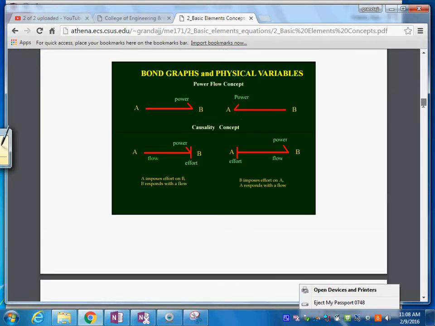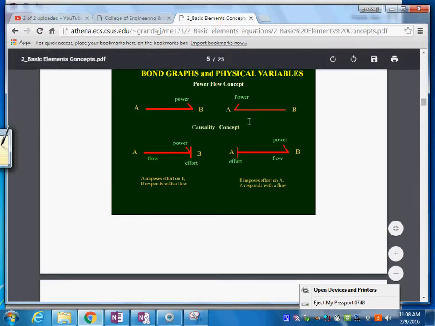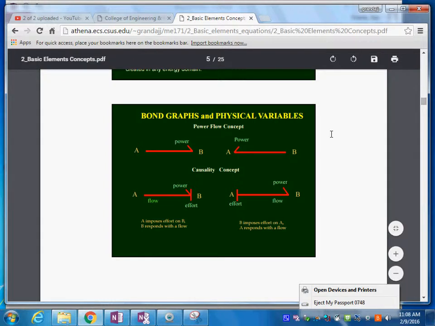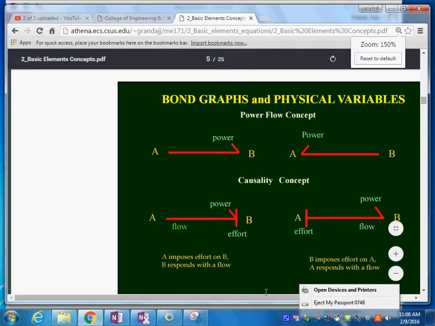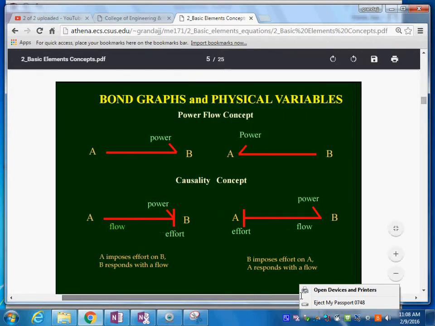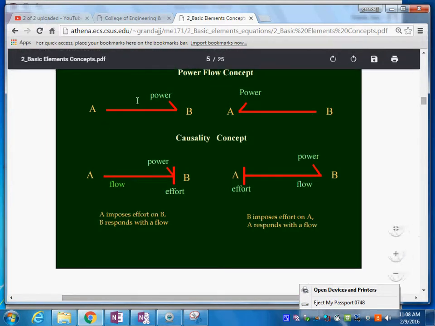We have this ability to write from A to B or from B to A. We add another mark.